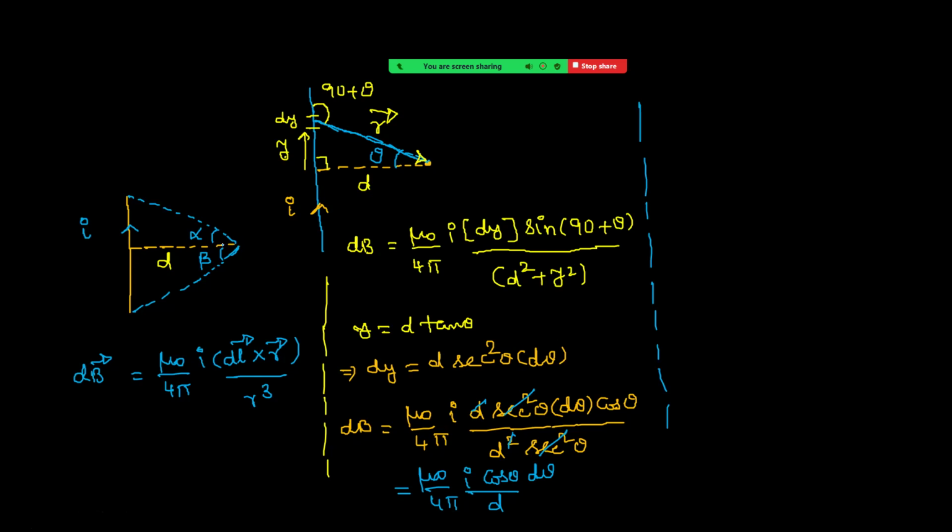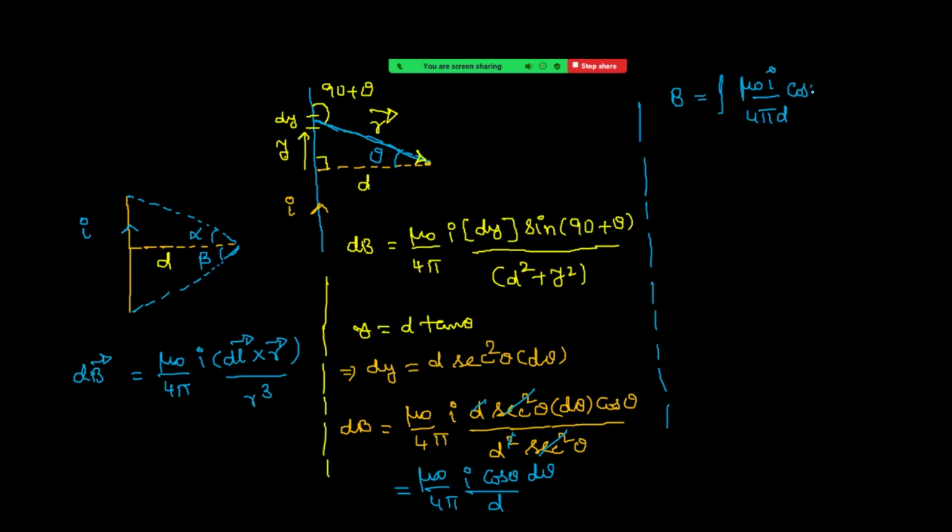You can see here from 0 to alpha, that is clockwise. From 0 to beta, anti-clockwise. So here we have to follow the sign convention. If I am taking alpha, meaning clockwise, as positive, then I can write the limits. The strength of the field is equal to the integration of dB, that is mu naught I upon 4 pi d, which is a constant.